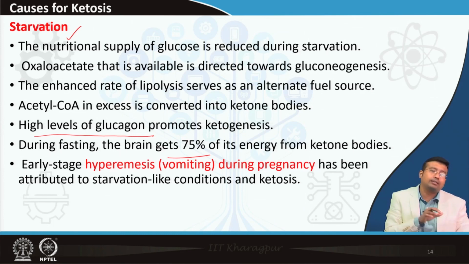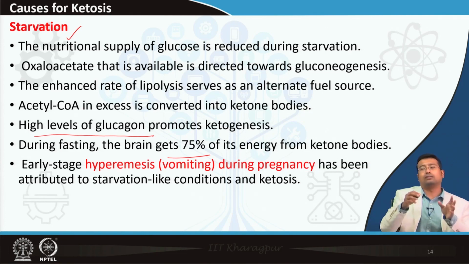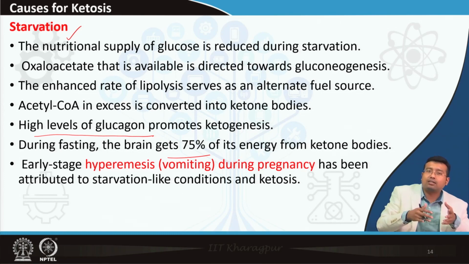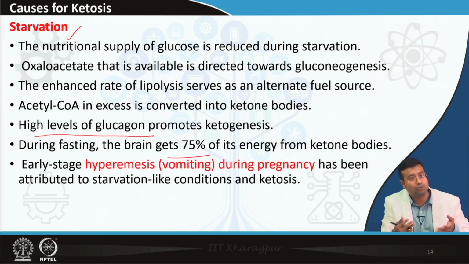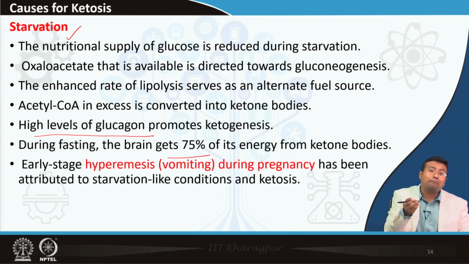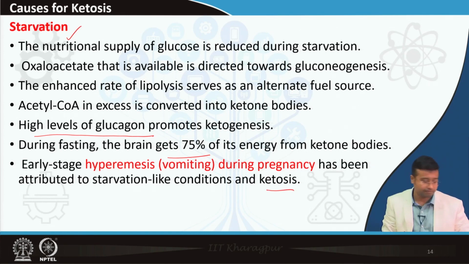Now, since we are discussing starvation, one thing has to be kept in mind, that apart from prolonged starvation, that is a situation where someone is intentionally starving or he or she might be trapped in a situation where there is no food to eat, the one condition that may closely mimic this metabolic state is known as hyperemesis gravidarum or excess vomiting during pregnancy, in which a pregnant mother, especially in the early stage of pregnancy, cannot eat and there is hypoglycemia, and then ketosis might develop in those cases, right.